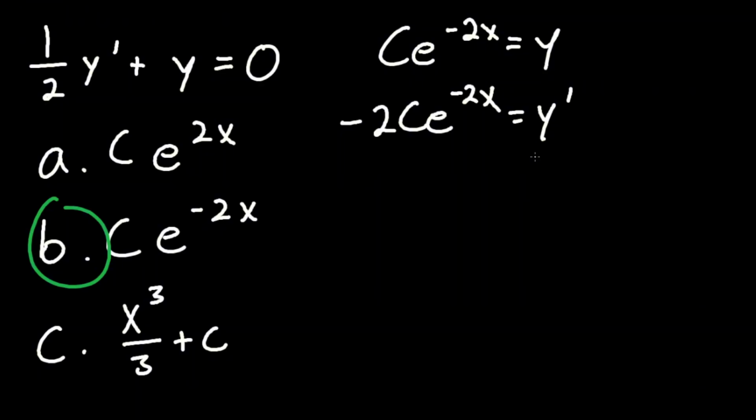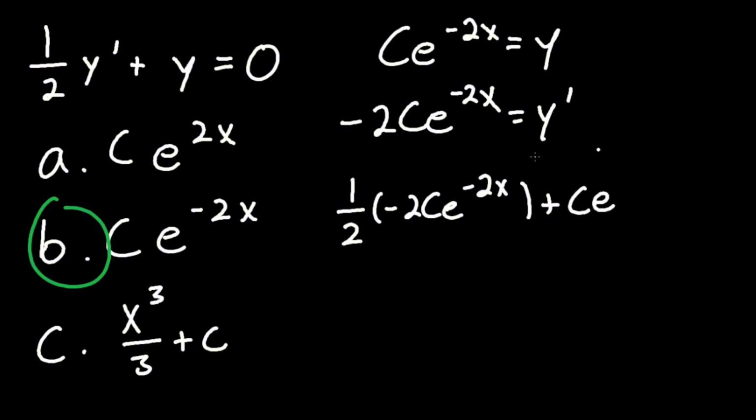Now all we have to do is plug these new equations that we found in and see if it meets the condition of 0. Let's write down 1/2 y prime plus y. So y prime is negative 2c times e to the negative 2x, plus y, and y is just c times e to the negative 2x.